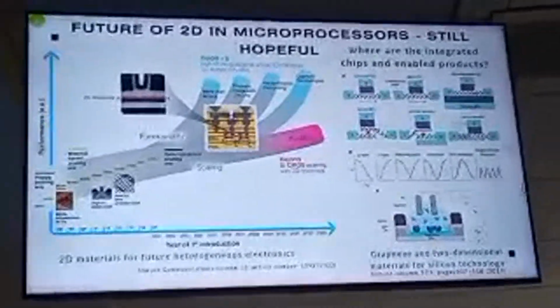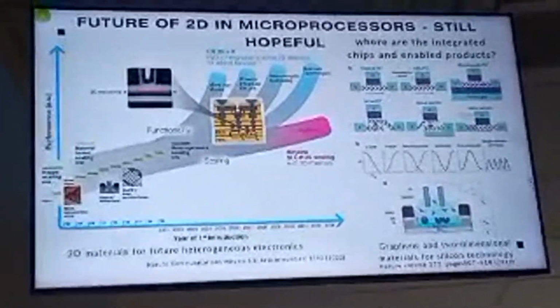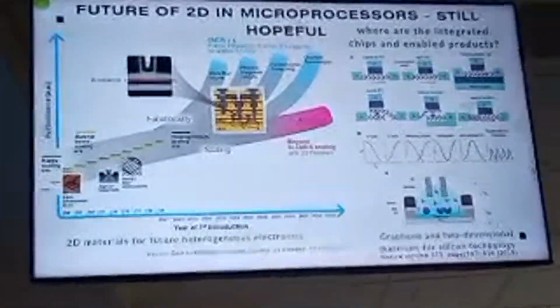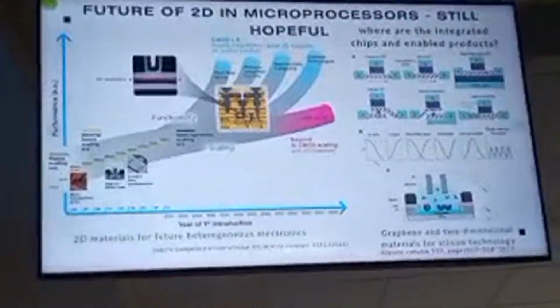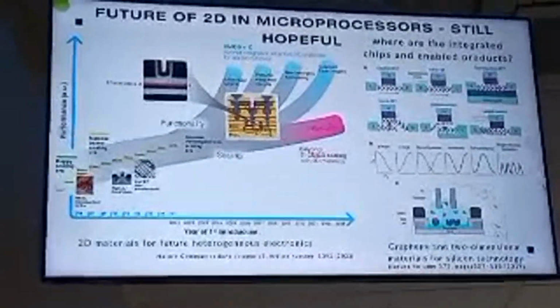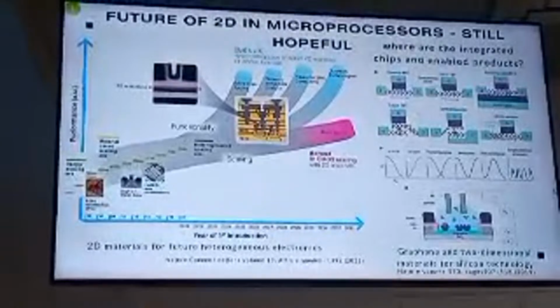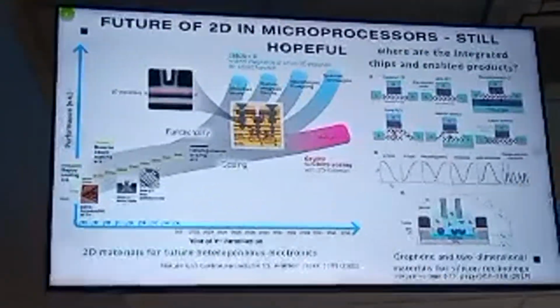Of course, in the 2D family, you can get P-type semiconductors, N-type semiconductors, and you can manipulate to get ambipolar or anti-ambipolar characteristics, which could be interesting for integration in microprocessors. And people have started working on graphene and 2-dimensional materials with different sensing techniques.